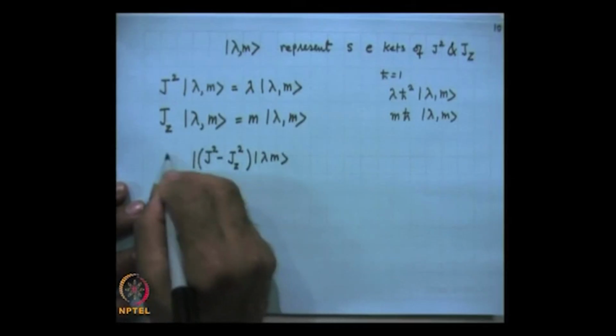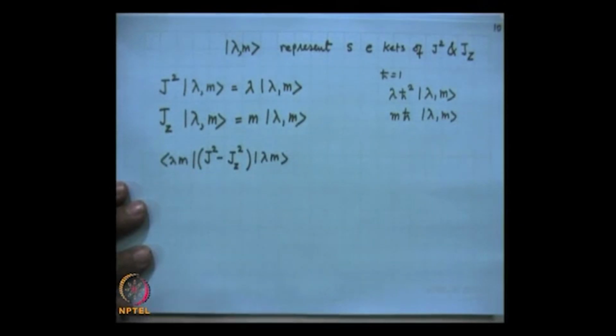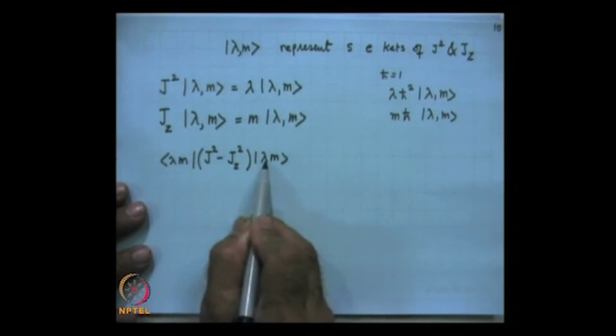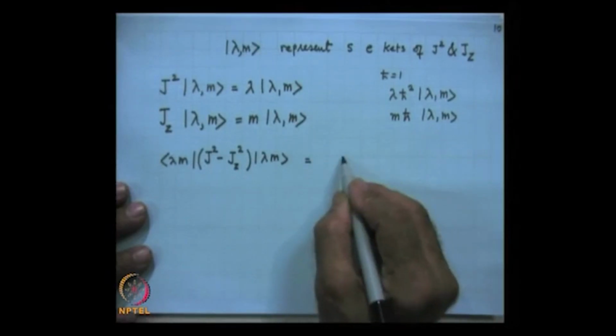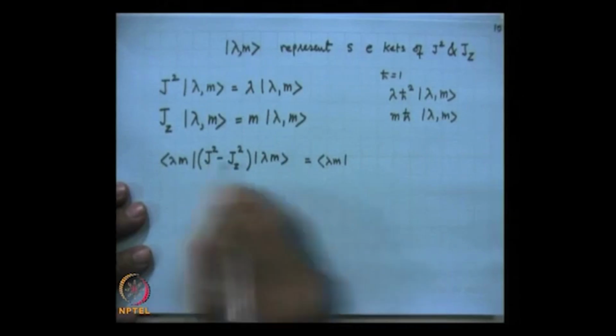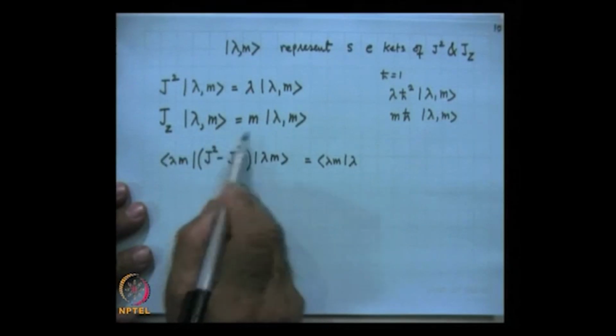These are orthonormal kets because they are eigenkets of Hermitian operators. So, j square operating on ket lambda m gives lambda, and jz operating on lambda m gives m.